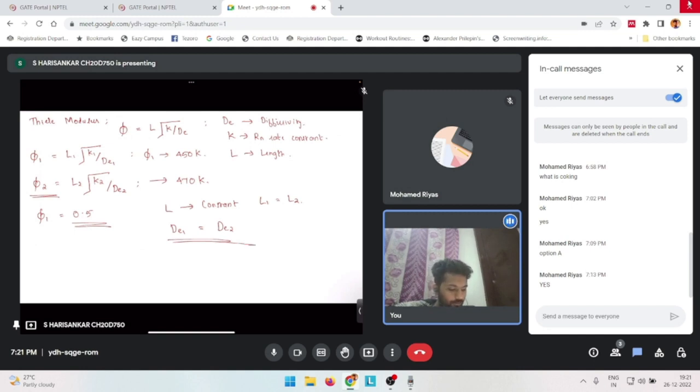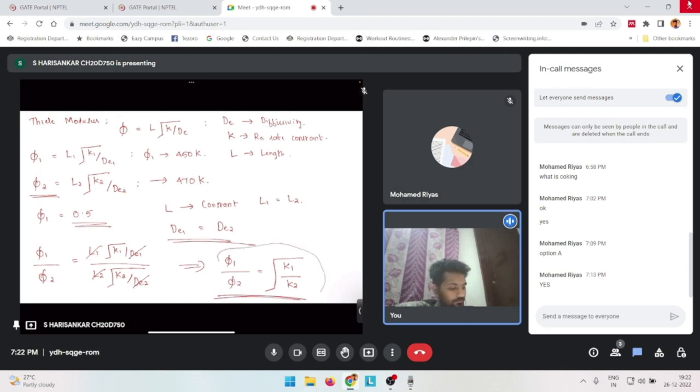So if we write phi 1 by phi 2, on the right hand side we will get L1 root of K1 by dE1 by L2 root of K2 by dE2. So because L1 is equal to L2, we can cancel out L1 and L2. dE1 is equal to dE2 because the mass diffusivity is independent of the temperature. So we can cancel out dE1 and dE2. So this will lead us to phi 1 by phi 2 is equal to root of K1 by K2.